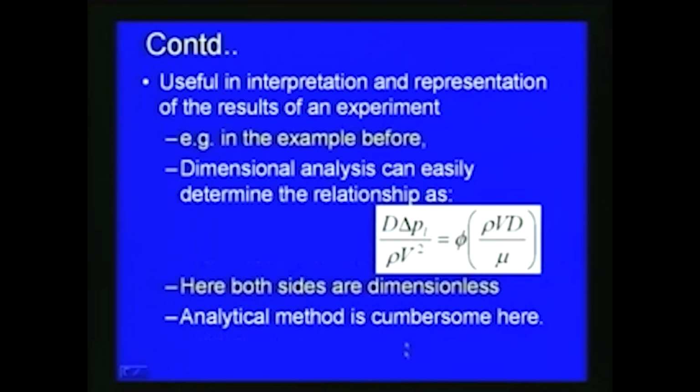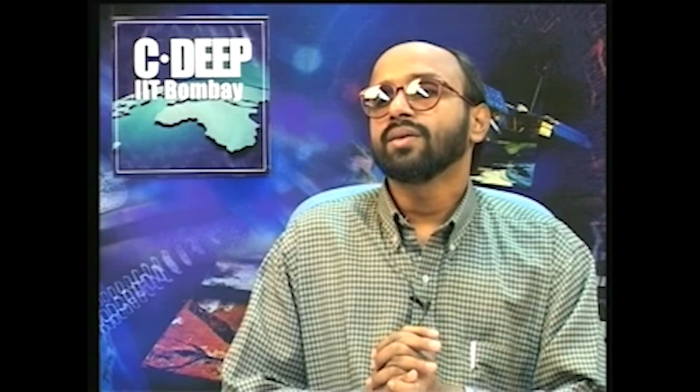So, we can get a meaningful relationship. Once we have listed the various variables or parameters, dimensional analysis is useful in the interpretation and representation of the results of an experiment.